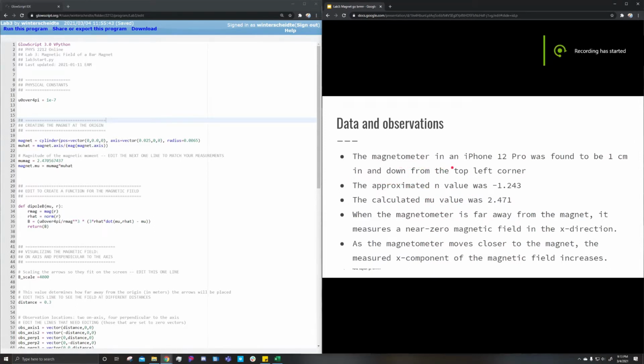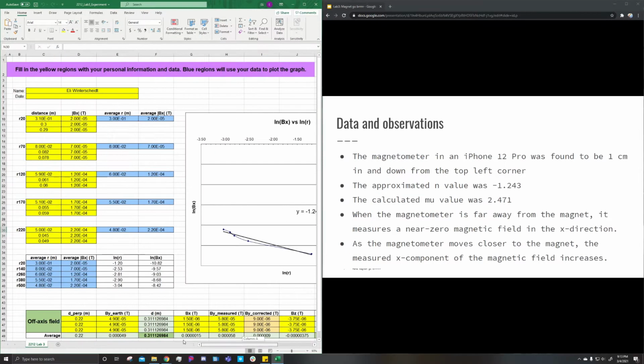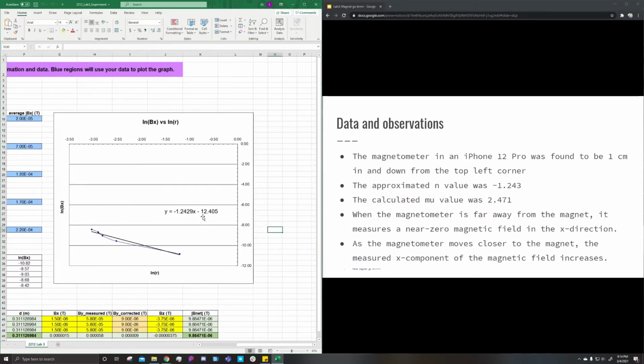The magnetometer found in the iPhone was about 1 centimeter in and down from the top left corner. And then the approximated n value using this Excel script, everything was put in here and it calculated it automatically. The n value was negative 1.243, and the lnk value was negative 12.4.